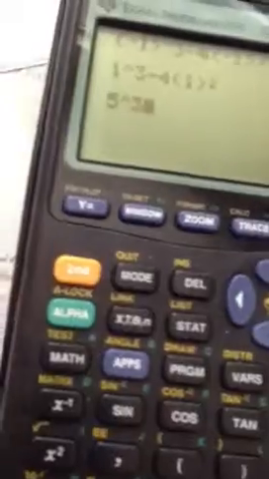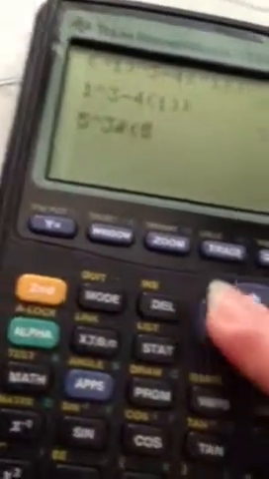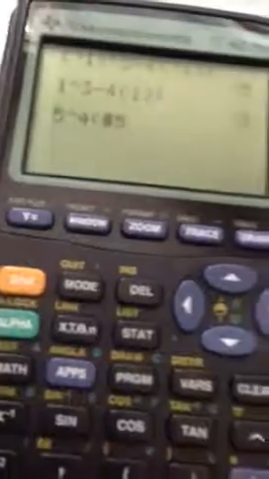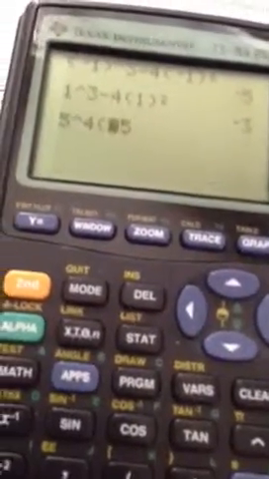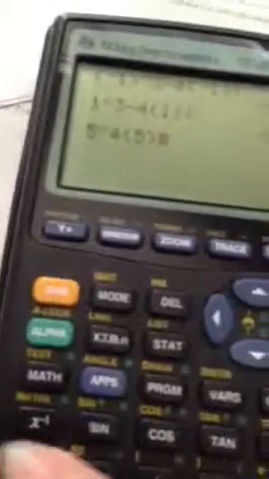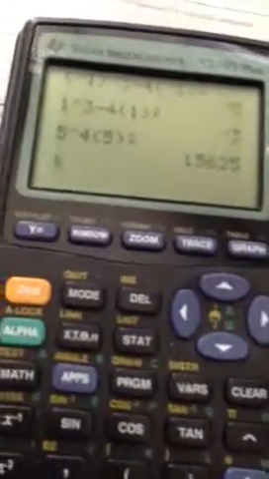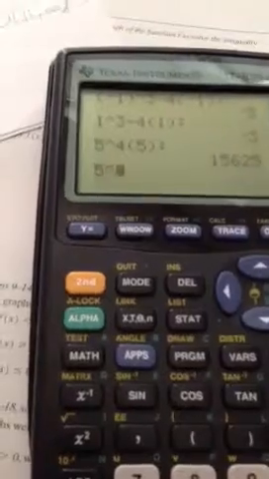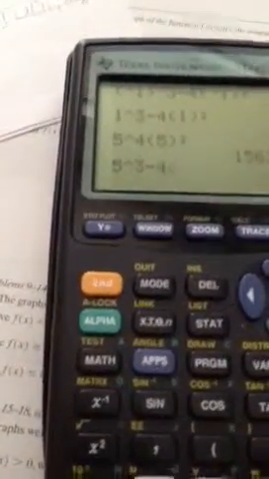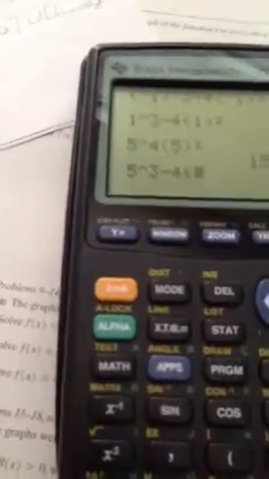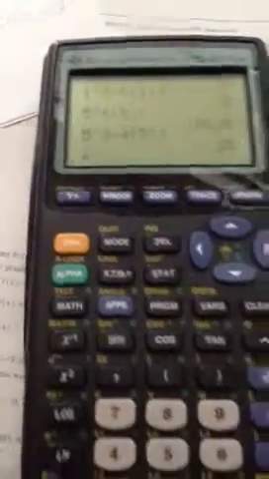And next we're going to plug in from 4 to infinity, so it'll be f of 5. 5 cubed minus 4 times 5 squared. Oops, that doesn't look right. Oh, I see what I did wrong. 5 cubed minus 4 times 5 squared. 25.